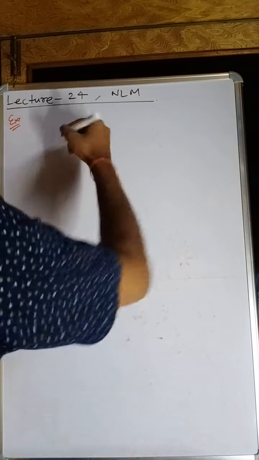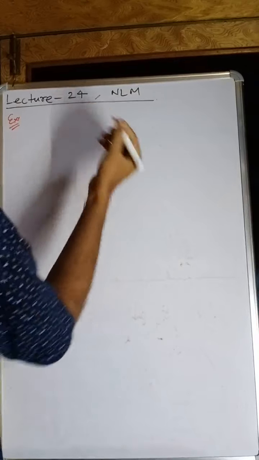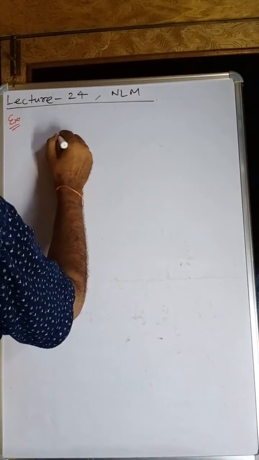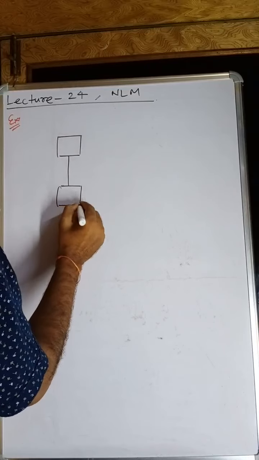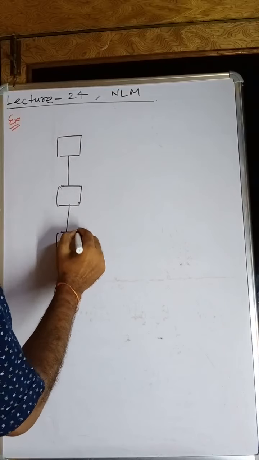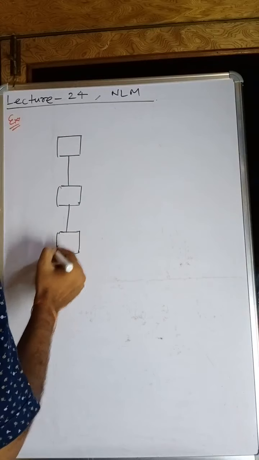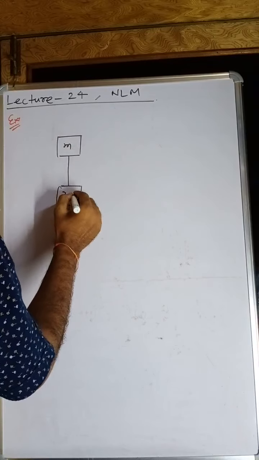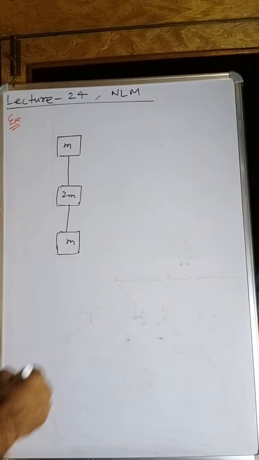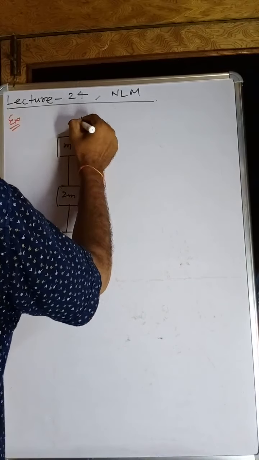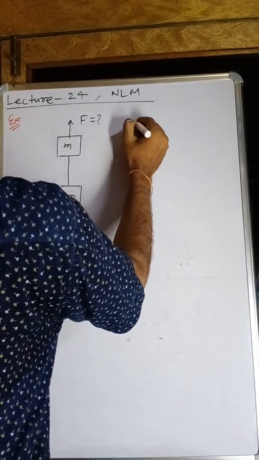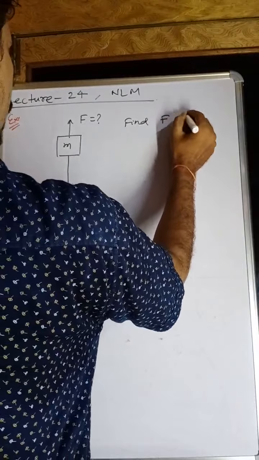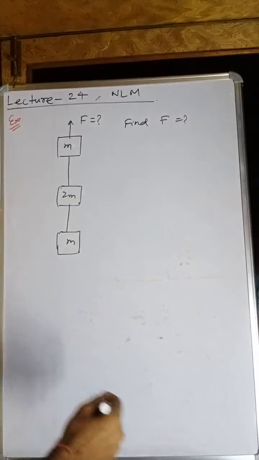So here is the first question for today, a very simple question I'm taking. The masses are M, 2M and M. Here is F. What should be the value of F so that the system remains in equilibrium?